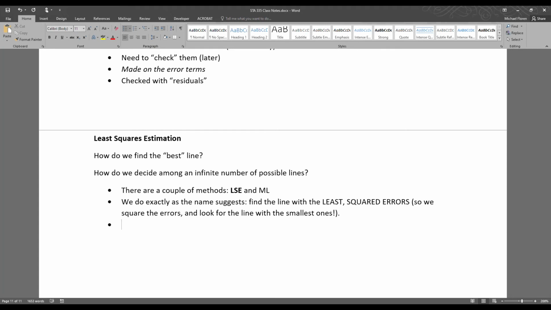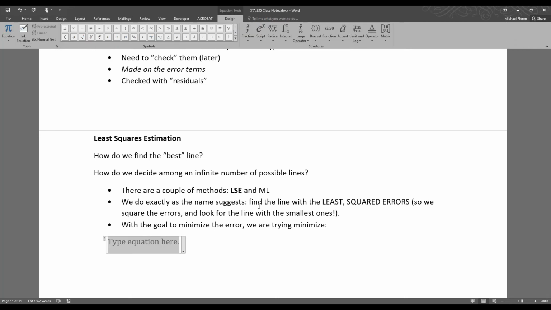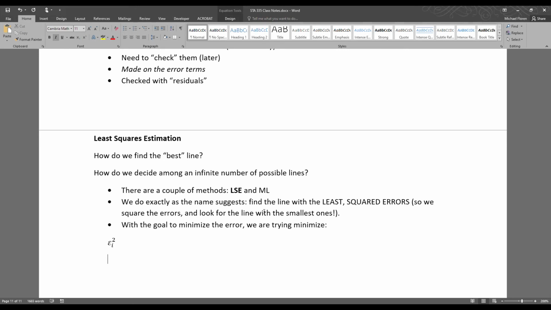Pretty straightforward. So with the goal to minimize the error, we are trying to minimize the theoretical error term.